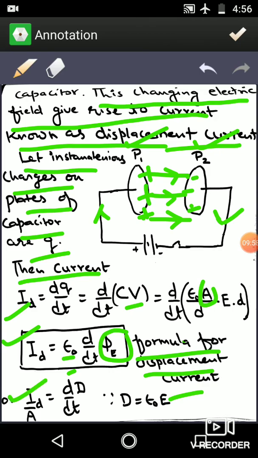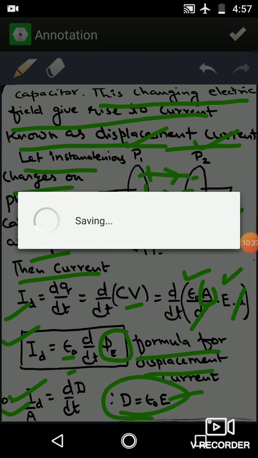I_D upon A. Okay, and here d is cancelled by d, and epsilon naught into E can be written as D. D is the electric displacement vector. Therefore, what we get? I_D upon A is equivalent to dD upon dt. Here I_D upon A is displacement current density.